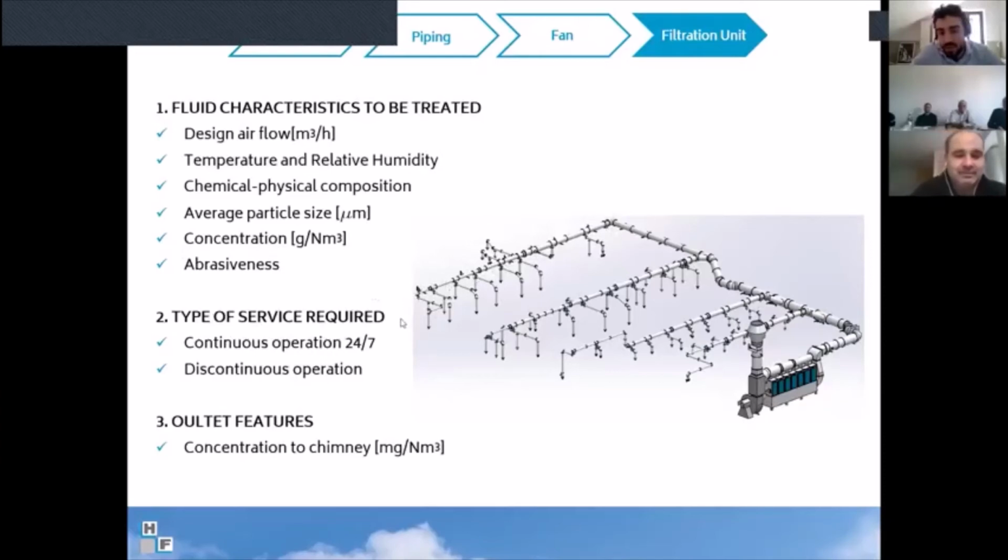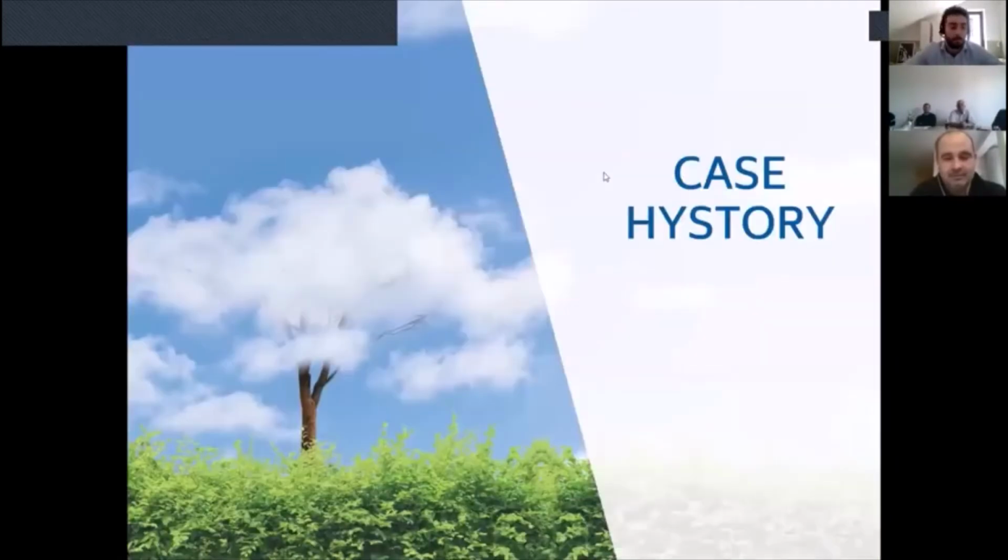We installed in this case an MCOS, which worked properly with oil mist. The airflow in this case was about 28,000, if I remember well, cubic meters per hour. And we installed a fan of 45 kilowatts. But it's just an example. Do you have any questions?